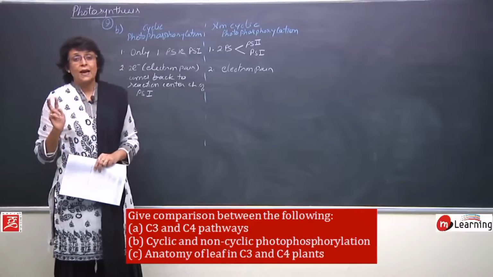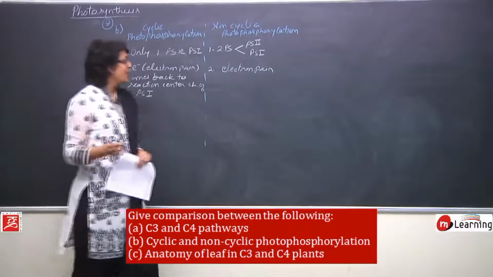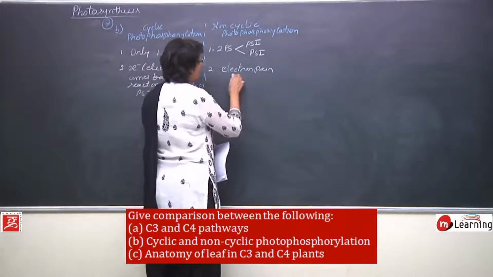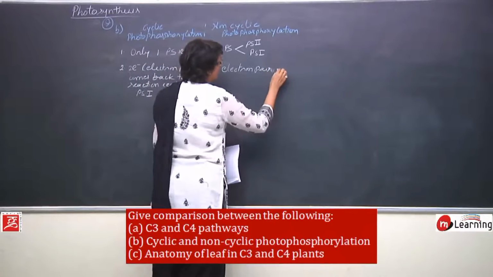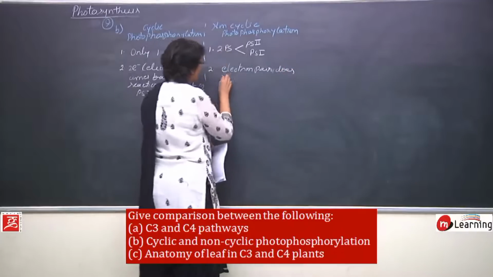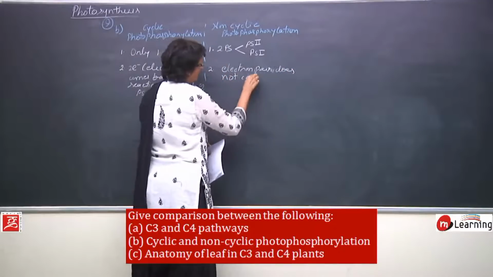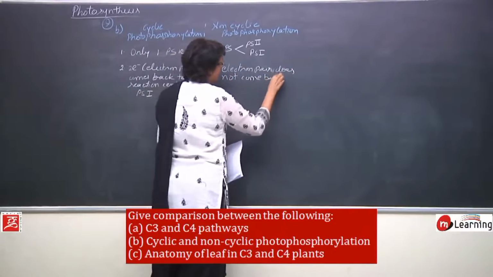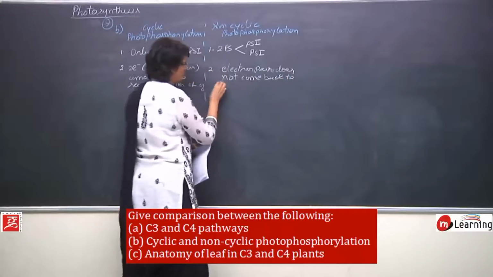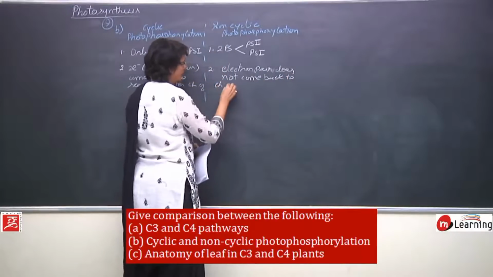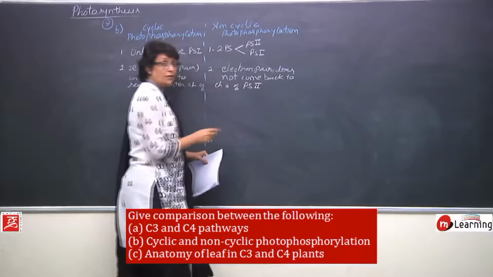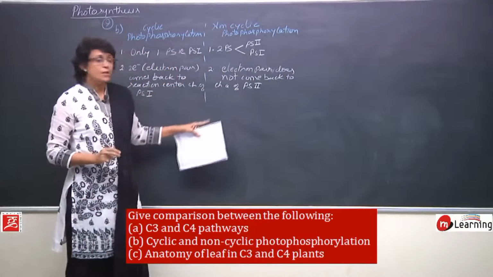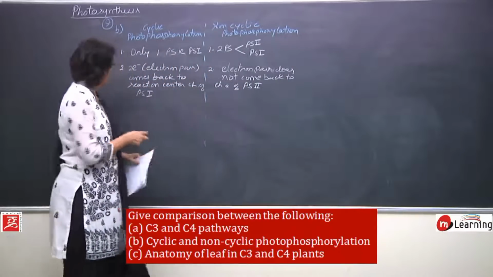It is finally accepted by NADPH. So, the electron pair does not come back to chlorophyll A of PS2. This is the place from where it was released, so it never comes back.